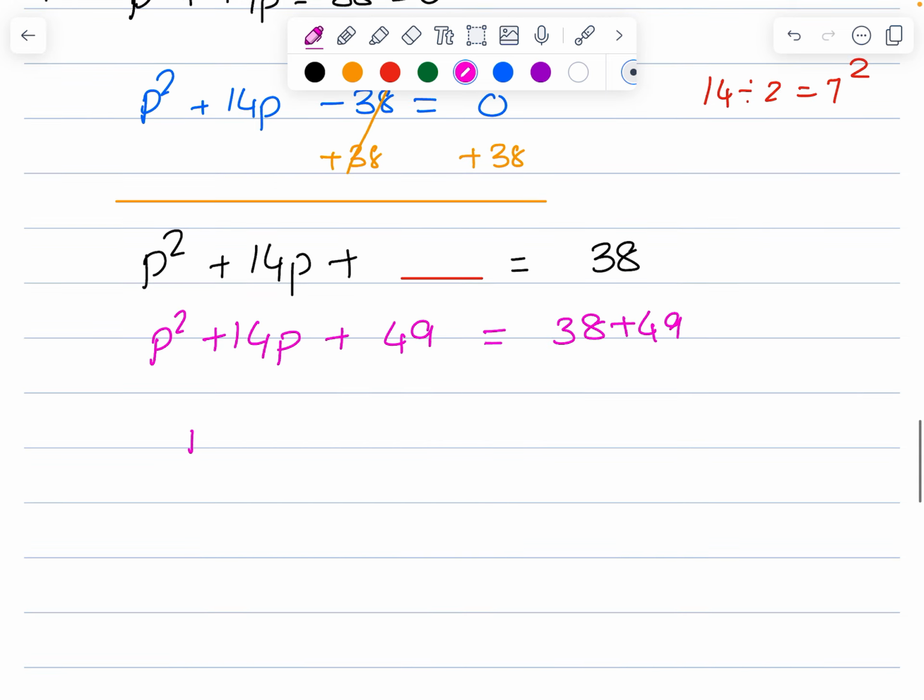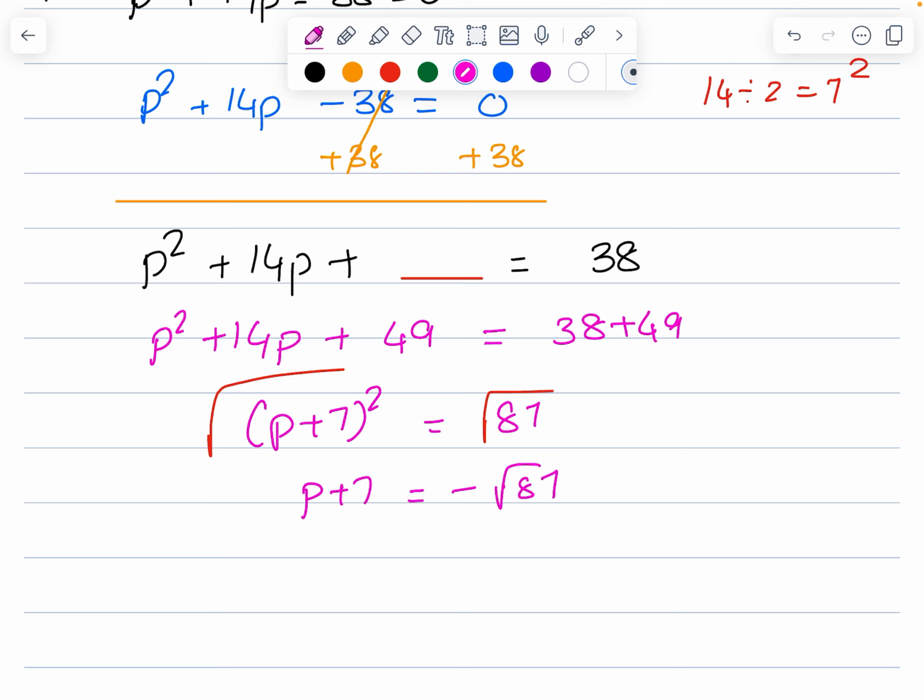So what am I going to get? P square plus 14p plus 49, which, as we have just learned, can be written as p plus 7 whole square. P plus 7 whole square equals 87. So take the square root on both sides. When I take the square root on both sides, the square and square root cancel. So it becomes p plus 7 equals plus square root 87 one time and negative square root 87 the other time.